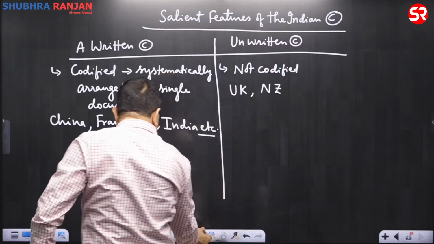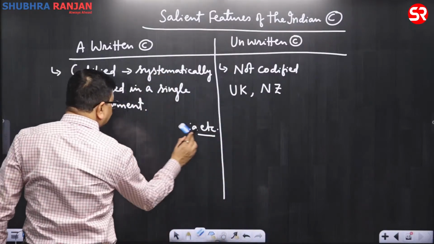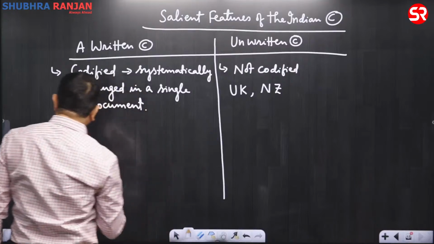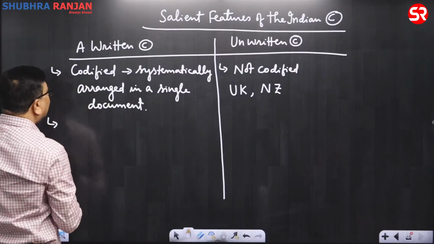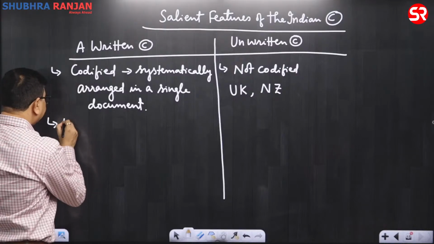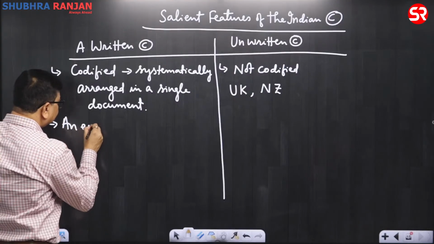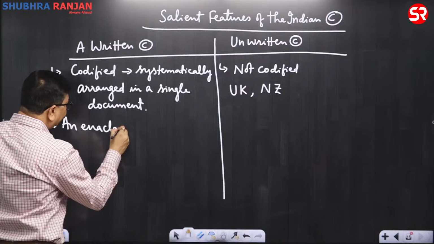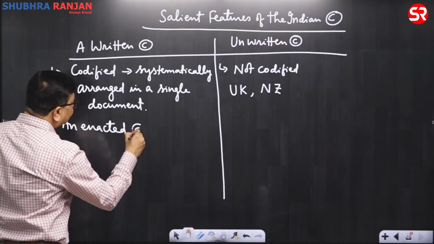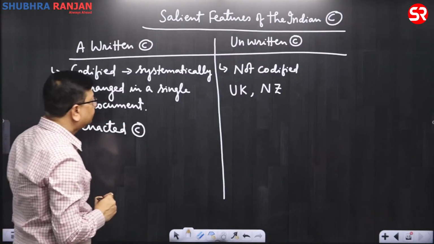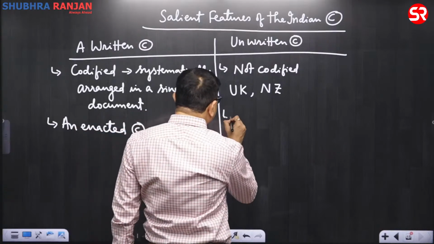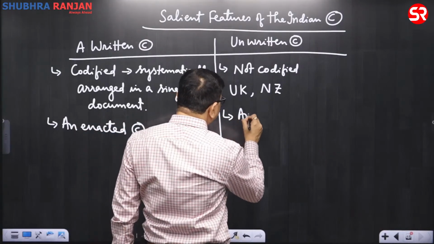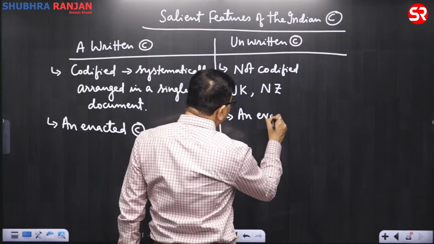Then secondly, a written constitution is an enacted constitution, whereas unwritten constitution is an evolved constitution.